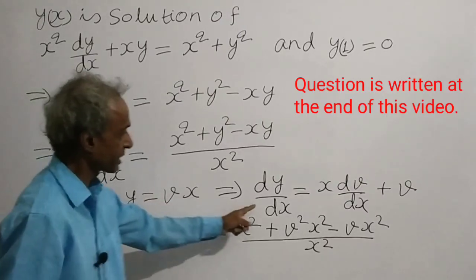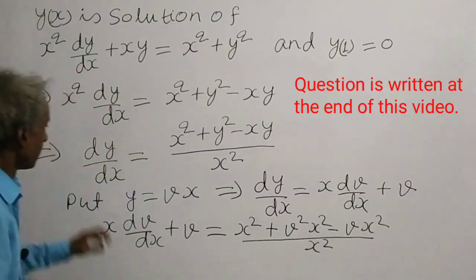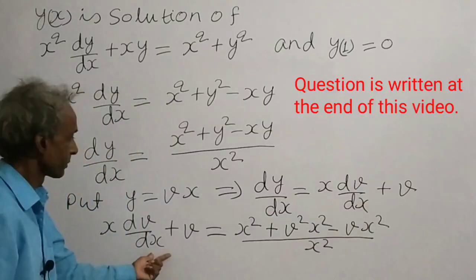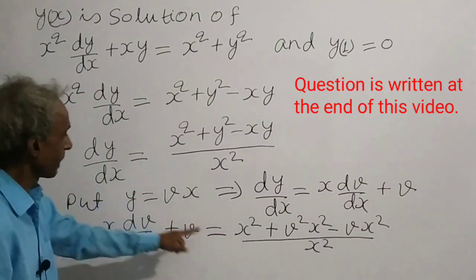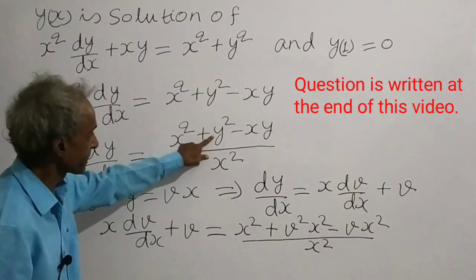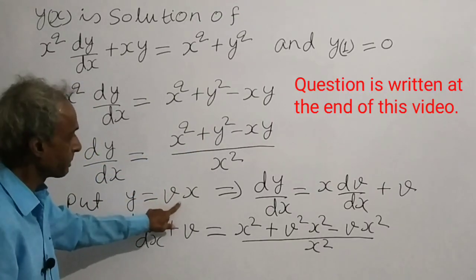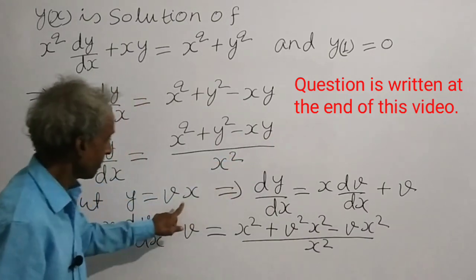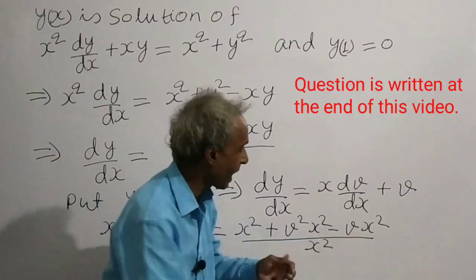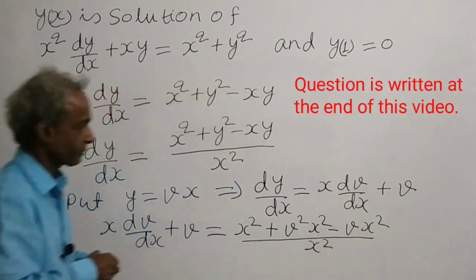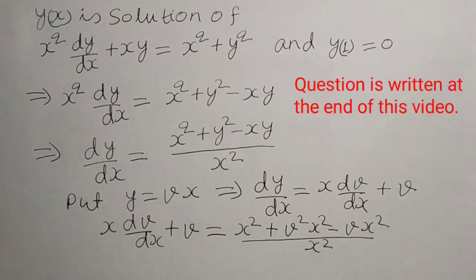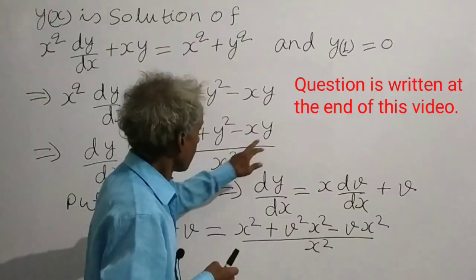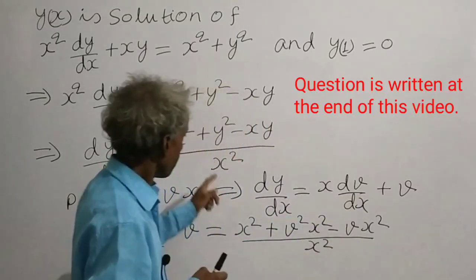Differentiating both sides with respect to x, we get this. Now, in place of this dy by dx, we write this is equal to x square plus, in place of y, we write vx, v square x square minus x times vx square, divided by x square.